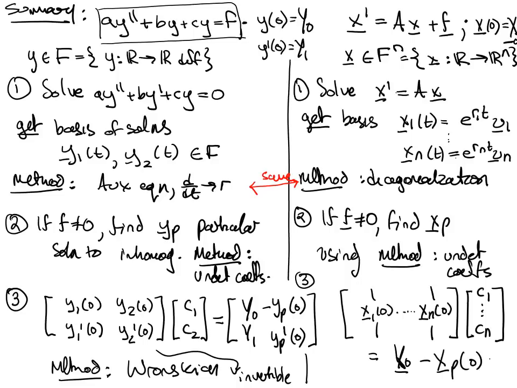And again, the method here is row reduction, but the reason it works is because of the Wronskian, this lemma that says that whenever you have a bunch of solutions to a system of differential equations, they're linearly independent as functions if and only if these vectors that you get when you evaluate them at 0 are linearly independent as vectors in Rn.